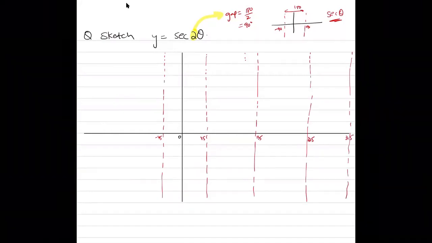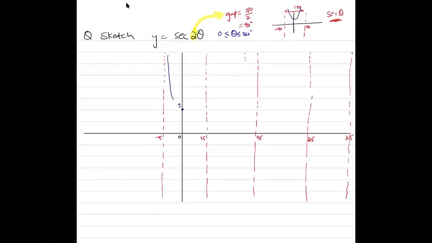Okay. Now, if the question says just draw for the domain of 0 to 360 degrees, so I know that the secant function looks like this. It is going to start from 1.